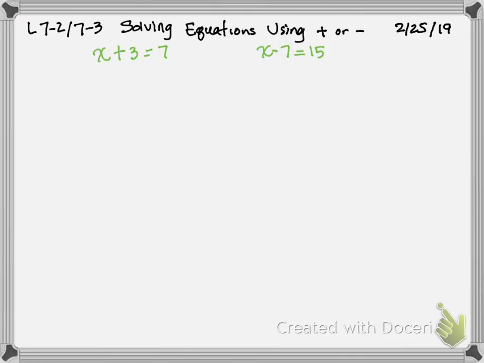We are going to use inverse operations, and that's our focus in this chapter: how to use inverse operations to get the variable alone in order to solve for the value of the variable. So these are operations that undo each other.